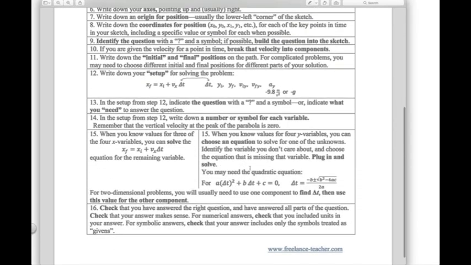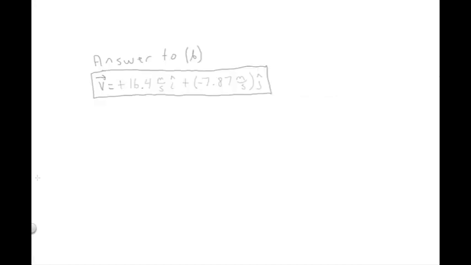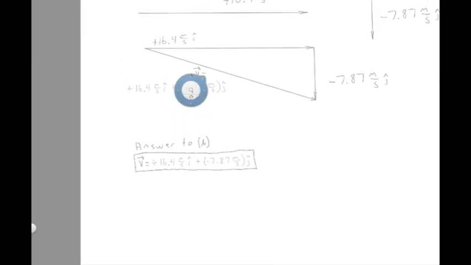Now let's do some of our standard checks. We should check that we included units, and yep, this answer does include units. We should check whether we've answered the correct question and whether we've finished answering the question. So the question here was asking us for v expressed in terms of the unit vectors. So we did answer exactly what they were asking us for, and we did that correctly.